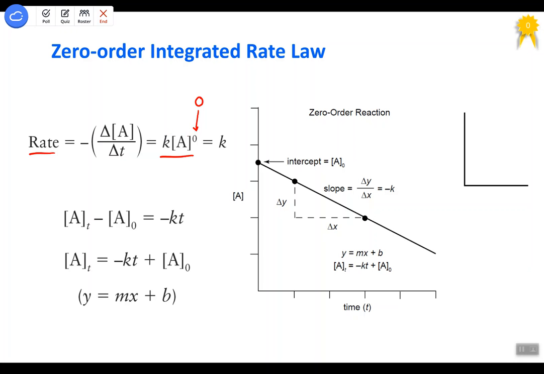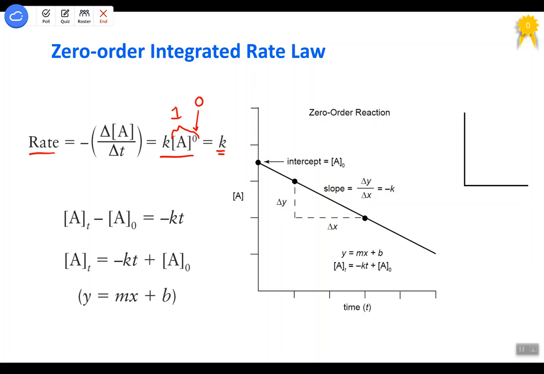Concentration of A to the power of 0 gives us 1. So all we're left with is the specific rate constant K. The rate of the reaction doesn't matter whether you double or triple or half that concentration. The rate doesn't change as the concentration of your reactant decreases as the reaction proceeds.